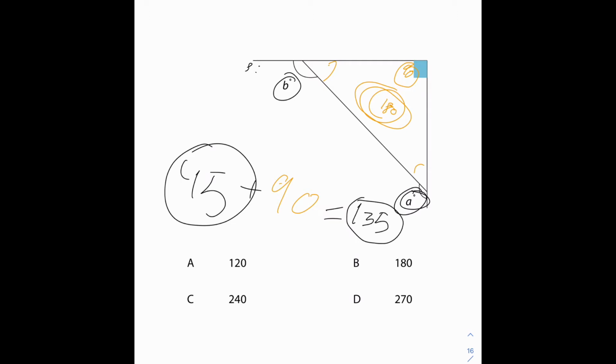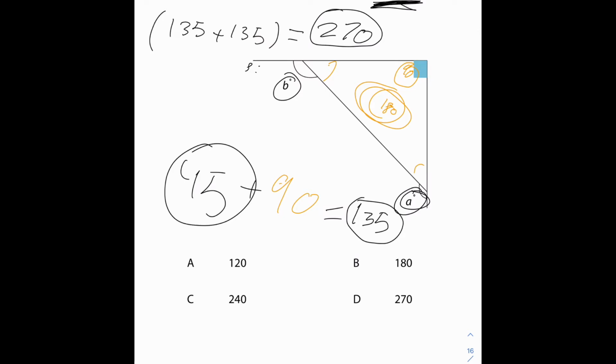So A and B equal 135. And if you add 135, because that's what the question is asking, you have to remember that, 135 plus 135 is guaranteed to give you 270, which is D.